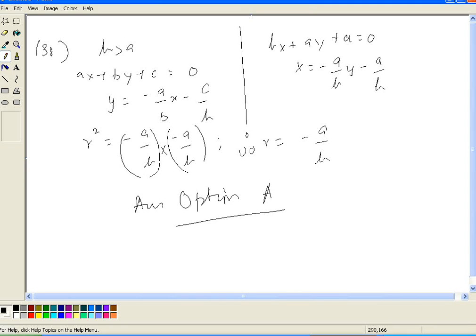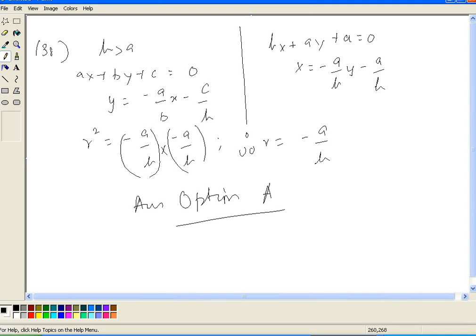So here the regression coefficient of y on x will be minus a by b. Similarly, the second equation, bx plus ay plus a equal to 0, gives x equal to minus a by b y minus a by b. Here the regression coefficient of x on y is also minus a by b.